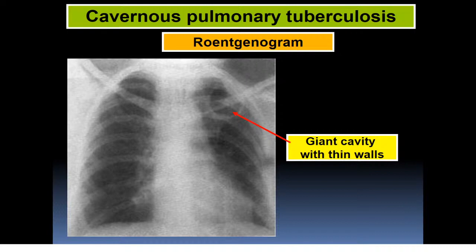That's why the main X-ray symptom of this form of TB is a ring-shaped shadow. On this X-ray you can see a giant cavity with thin walls. This is a ring shadow. Looks like a ring. Without changes around the cavern.